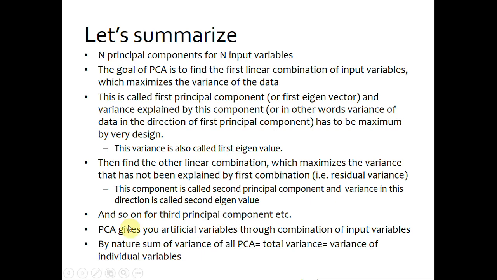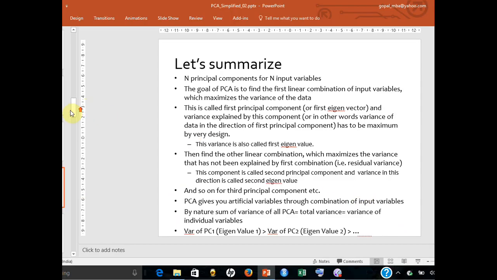Now look at this. By very nature, the sum of variance of all principal components has to be equal to the total variance, which is equal to the variance of the input variables. Let me show you in our previous case as well so that you can relate to it.